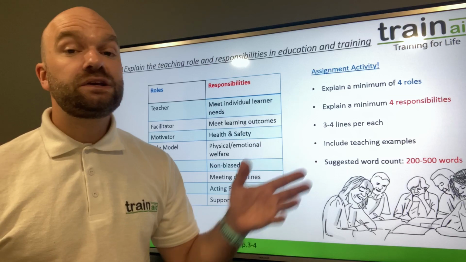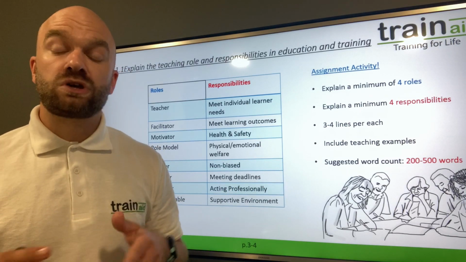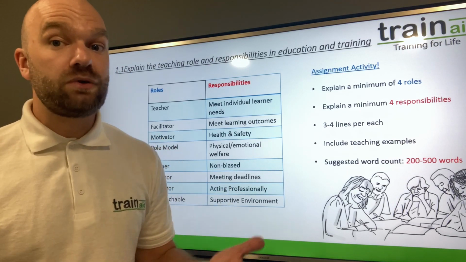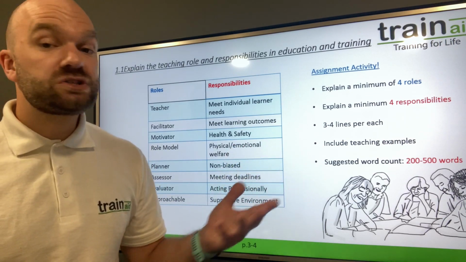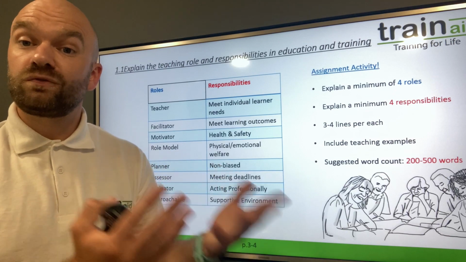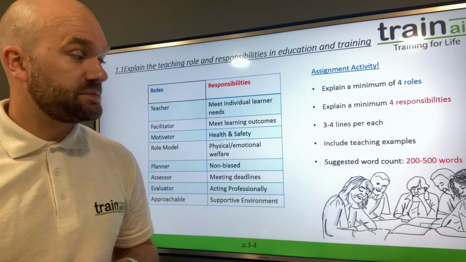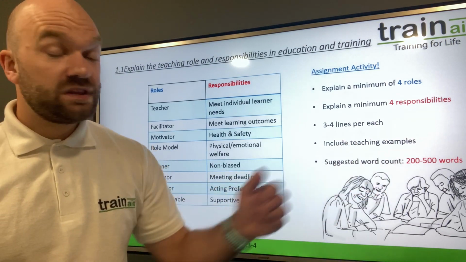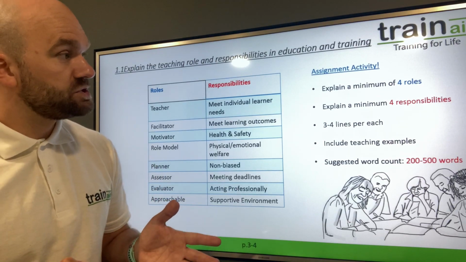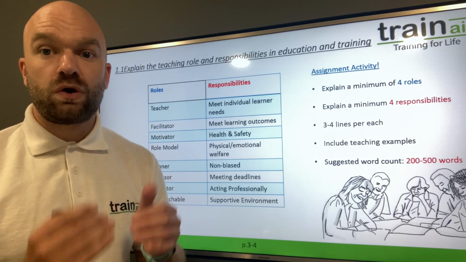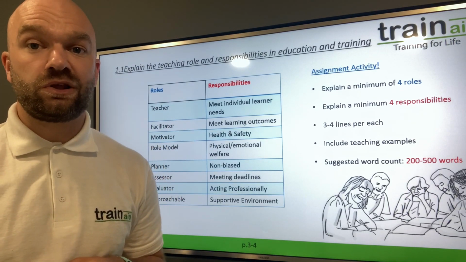And you can include teaching examples. So how do you show that you are a motivator within your classroom, for example? You can explain about your current or your future teaching practice. That's absolutely fine. So for this criteria, roughly 2 to 500 words, which follows on from the teaching and learning cycle.